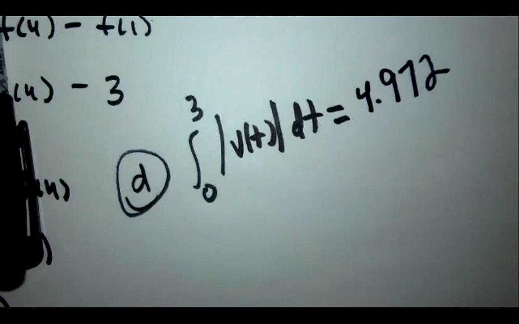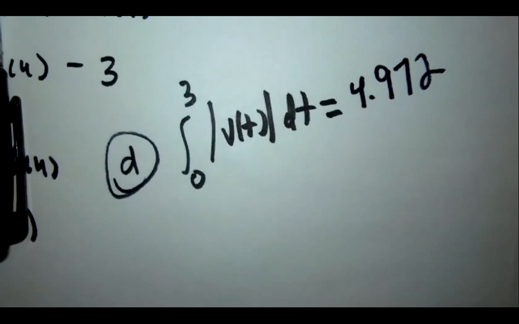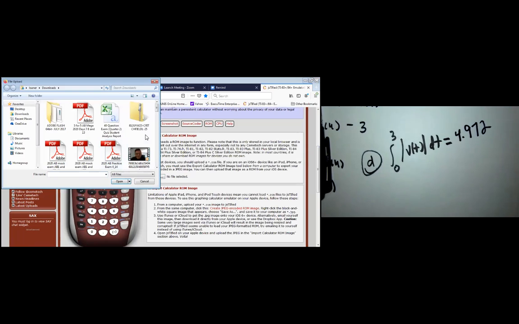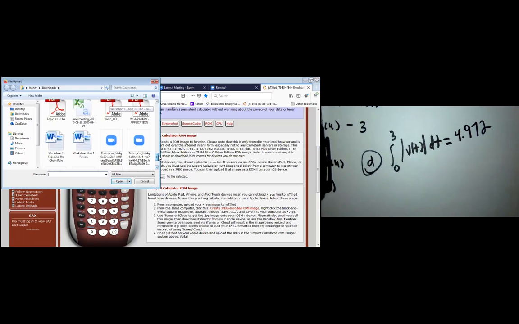All right. Opening up the calculator here. I'll play tiebreaker. Let's see what we get. Okay, there we go.